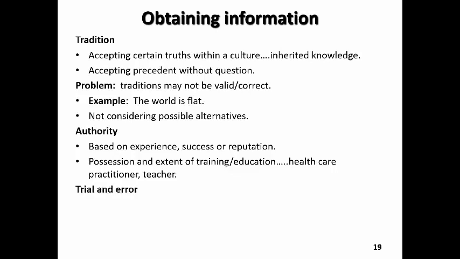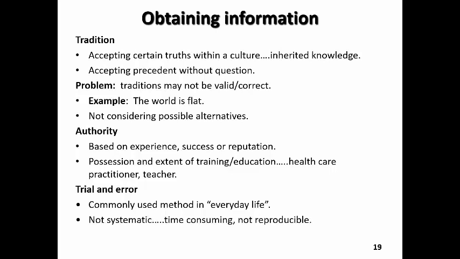And so the third level, or the third method of obtaining information, is what's called trial and error. And this is commonly used in what I call everyday life, where we don't have a systematic way of approaching certain types of new ways of doing things. The problem with trial and error is that it is time consuming.